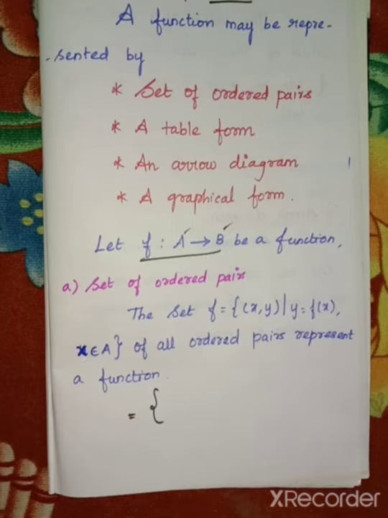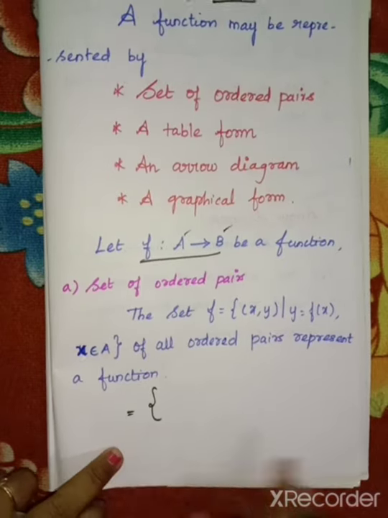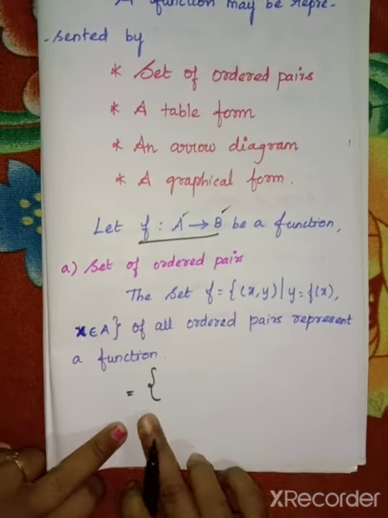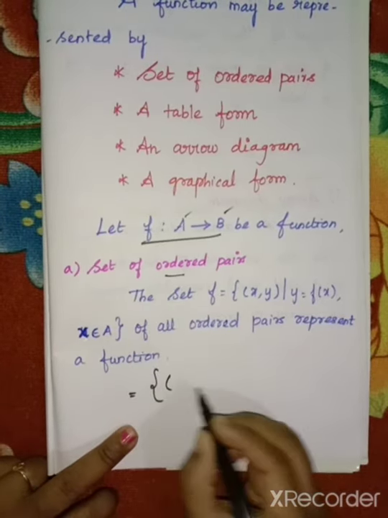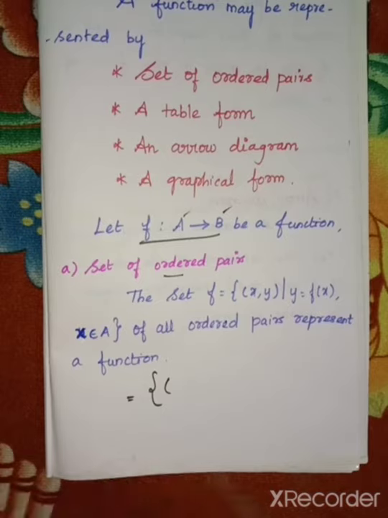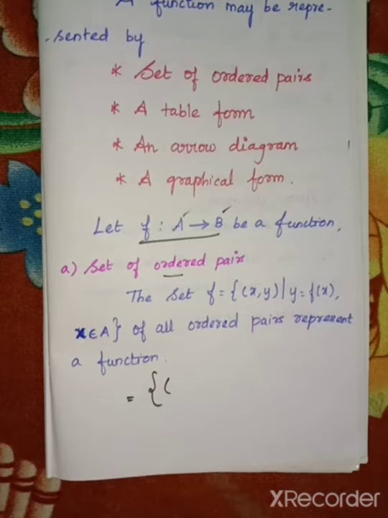So just to see one example for the set of ordered pairs. Set bracket, if it is a set of ordered pairs, then here ordered pairs are there. So first you have to write from the A set and also for the B set.